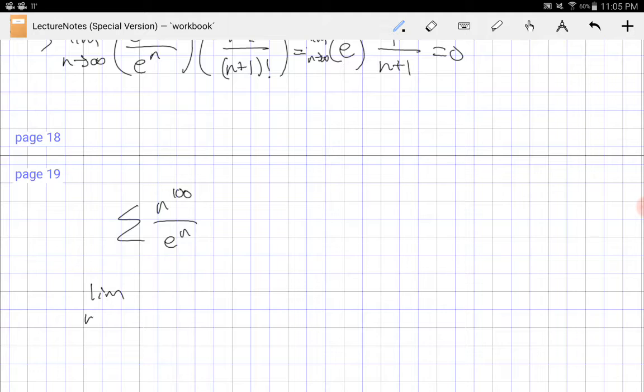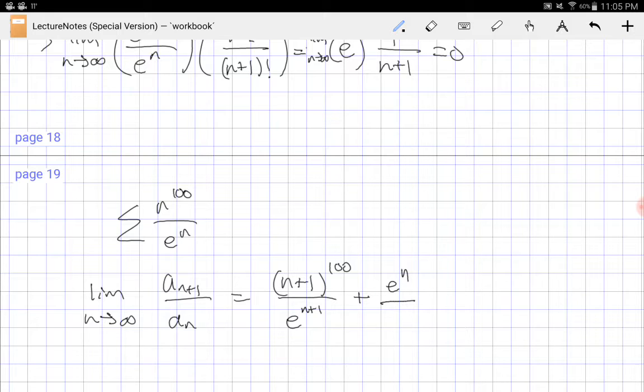If we let our limit as n goes to infinity of a n plus 1 over a n equal n plus 1 to the power of 100 over e to the n plus 1, times e to the power of n over n to the power of 100. Oops, this is not a plus.